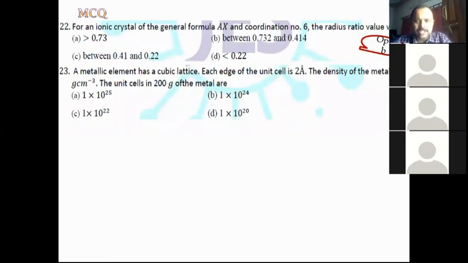There is edge length here, 2 angstrom. Convert that into centimeter, because density is given in gram per centimeter cube. In 200 grams, how many unit cells are there? Find out the mass of one unit cell from density. After knowing the mass of one unit cell, you can easily calculate how many unit cells are there in 200 grams.